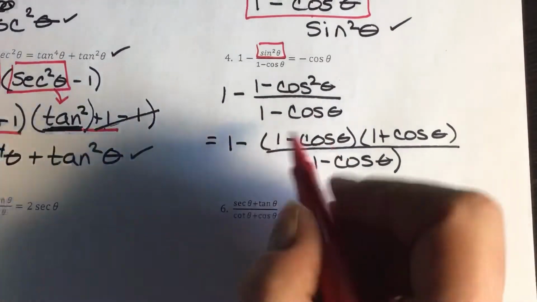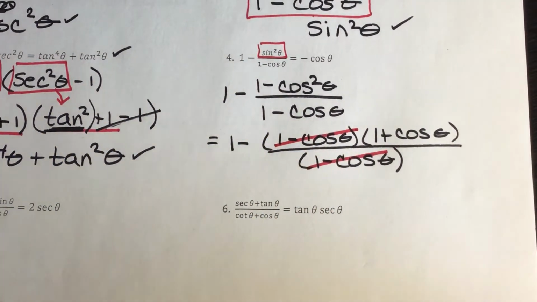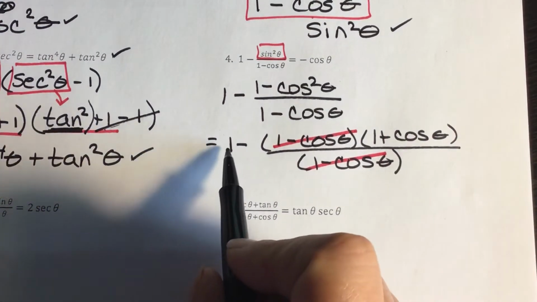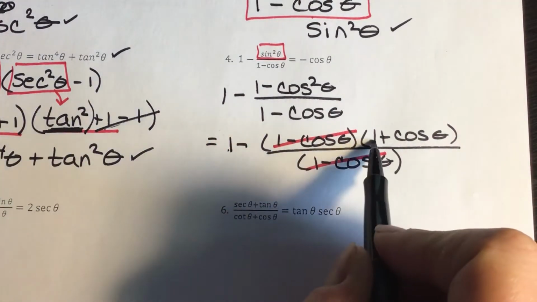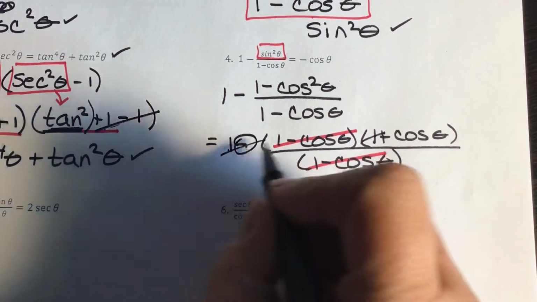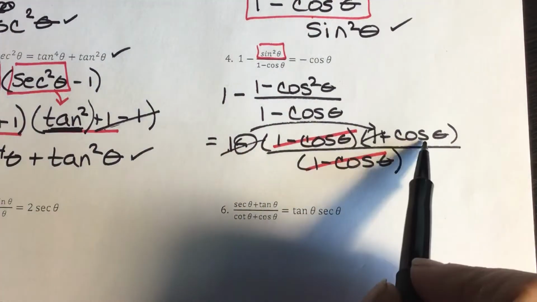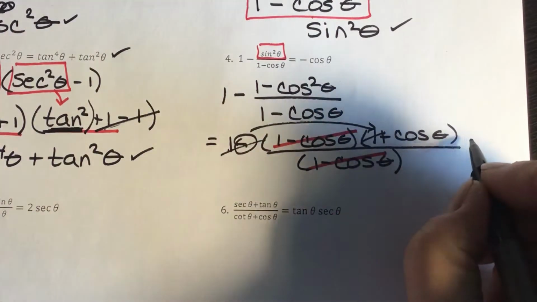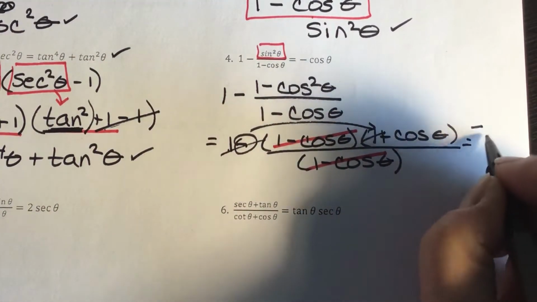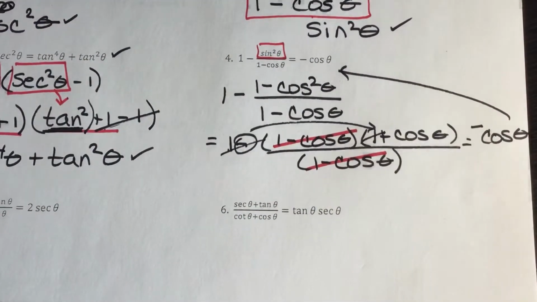So here I can cancel my 1 minus cosine theta, and I'm going to have 1 minus 1 would give me 0, and then I've got this minus here that I'm actually distributing, so this is minus cosine of theta. Which is what I have up on top.